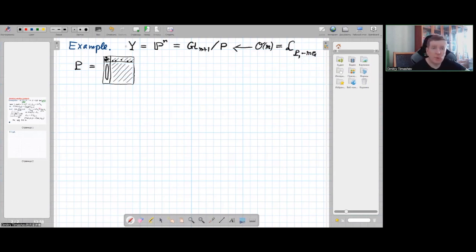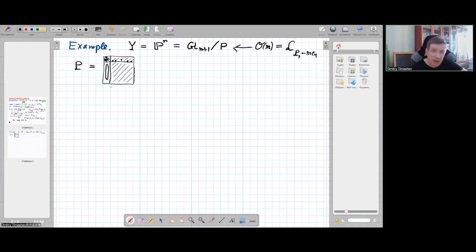If you recall the notation from my lecture on Monday, epsilon 1 is a character of the maximal torus consisting of diagonal matrices, which just takes the first diagonal entry of a diagonal matrix. And this is the character by which P acts on the line spanned by the first basis vector.